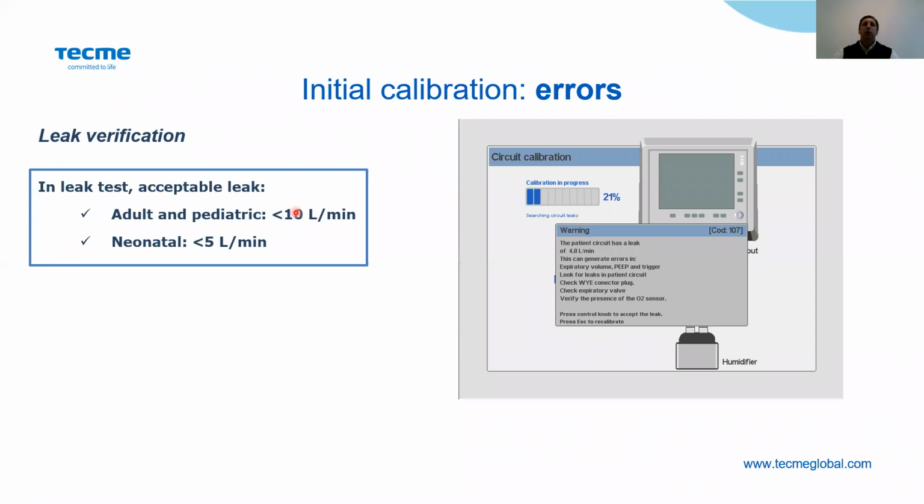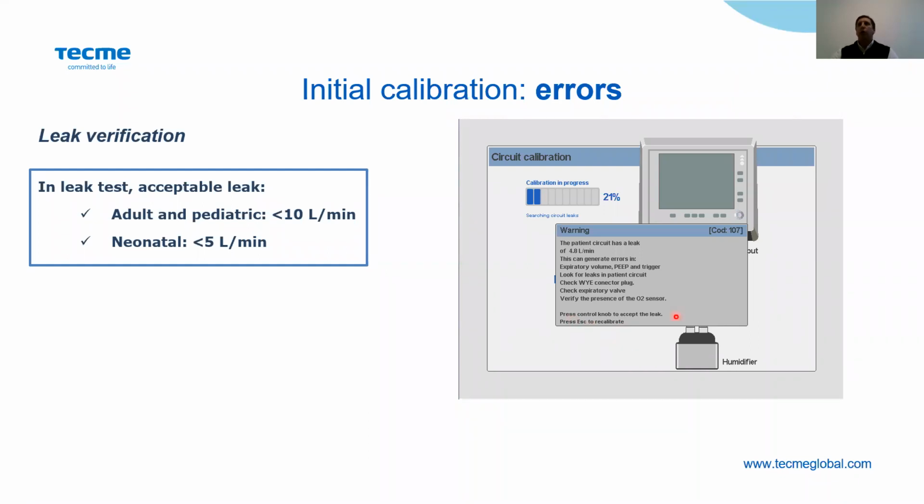If the leakage is lower than 10, we will have a warning similar to the one that is showing here, saying that the leakage is, in this example, 4.8 liters per minute. And in this situation, you will be able to press the knob and continue with the calibration, or press escape to try to recalibrate.